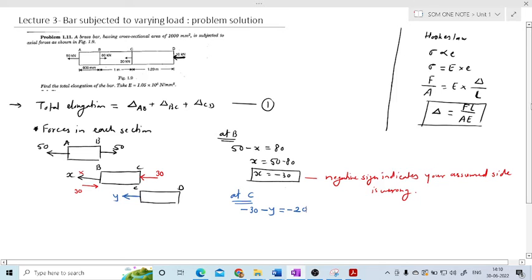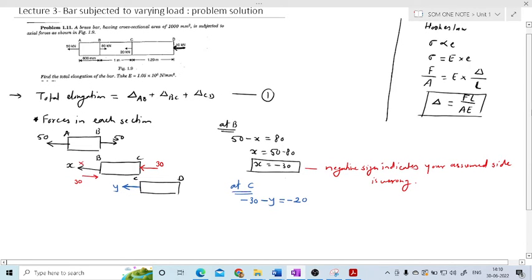Now solve this one to get the value of y. Transfer this y here, and transfer this minus 20 to that side. So minus 30 minus 20, plus 20. When I transfer this minus 20 here, it will become plus 20. So y will be equal to minus 10.